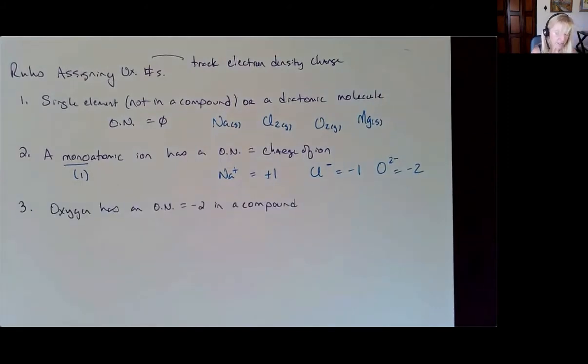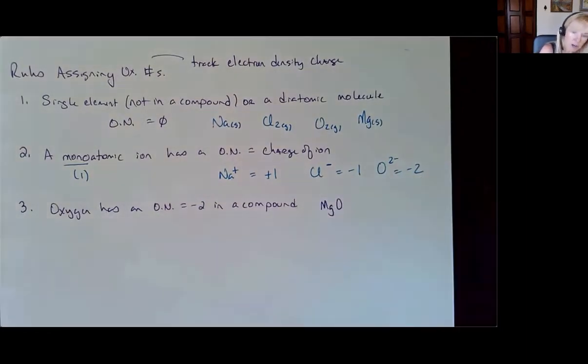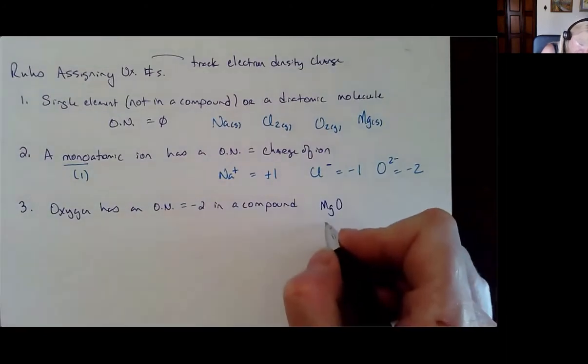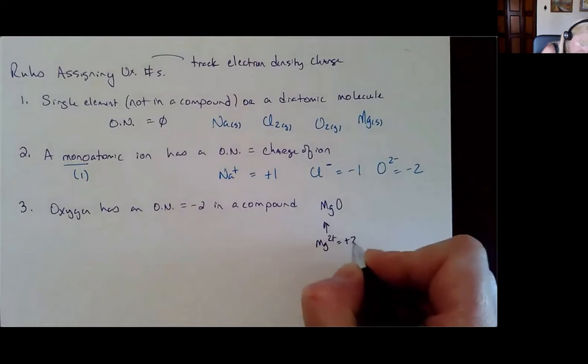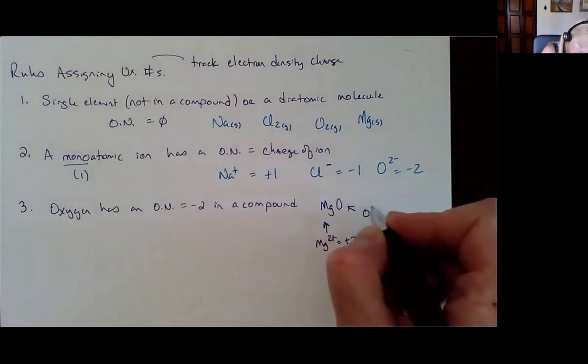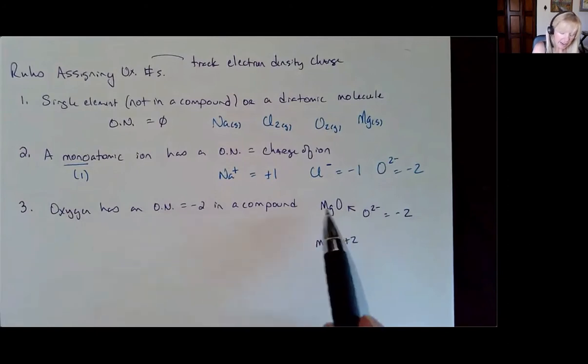My third rule is oxygen is going to have an oxidation number of -2 if it's in a compound. That would be something like magnesium oxide, for instance. My oxidation number for magnesium is going to be +2, and my oxidation number for oxygen is going to be -2. That's easy to see in an ionic compound because that's also the charge.